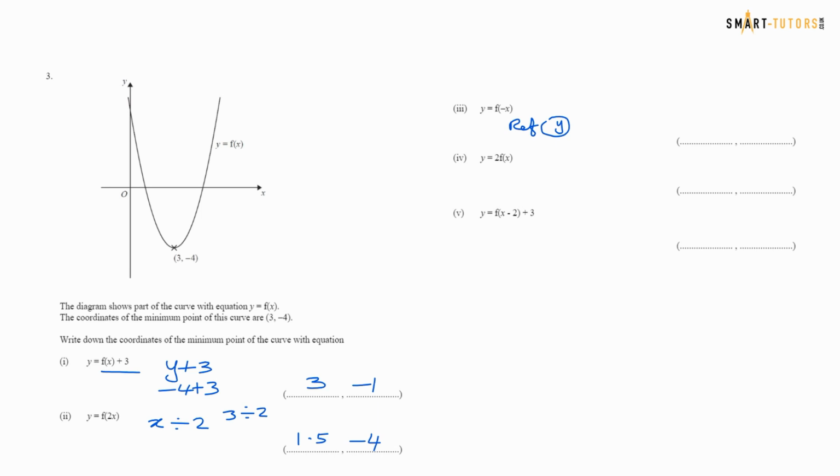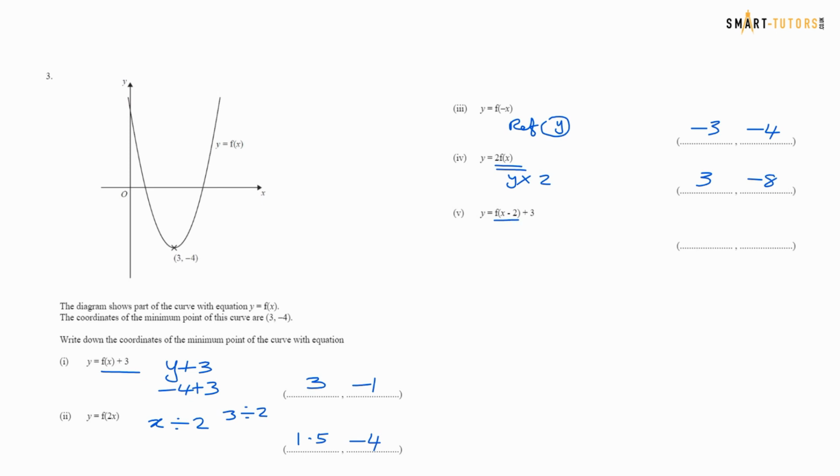When it comes to the y axis, the y coordinate is not going to change. The x coordinate 3 changes to minus 3. Y equals 2f of x. 2f of x means the y coordinate is multiplied by 2. The y coordinate minus 4 becomes minus 8 and the x coordinate has no change.